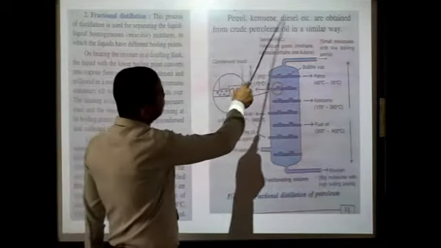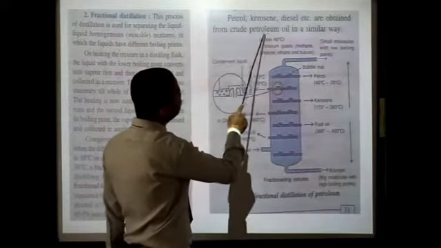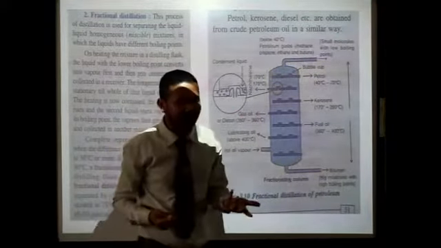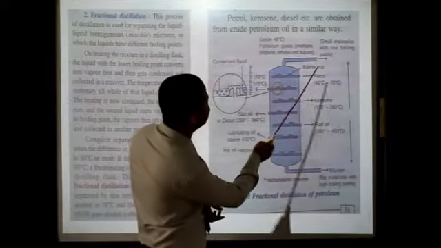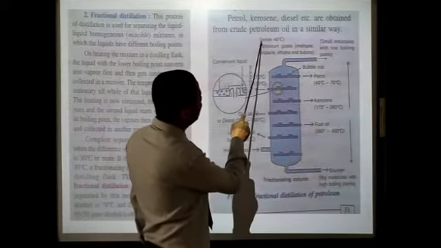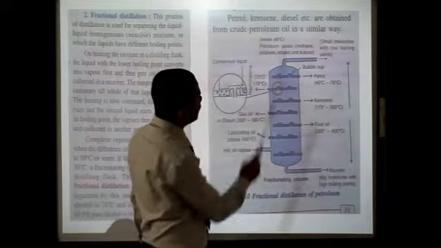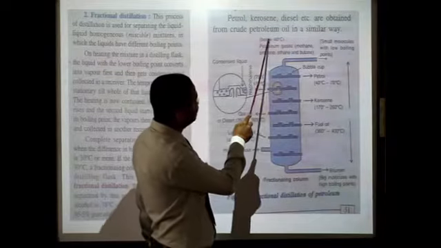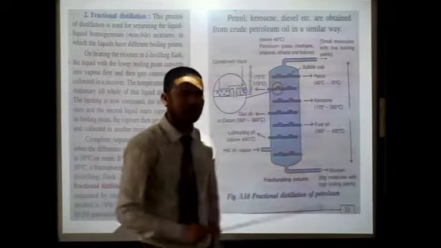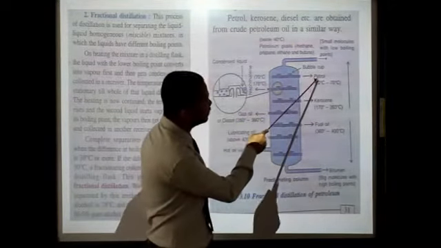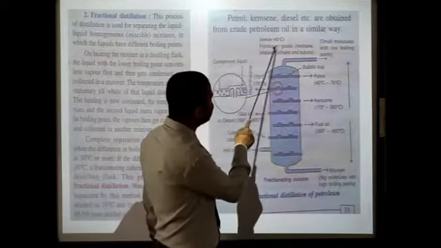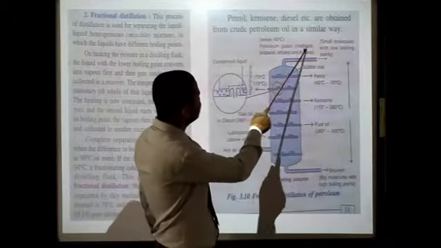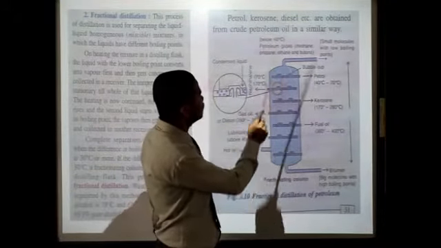So petrol, kerosene, diesel, etc. are obtained from crude petroleum oil in a similar way. Now, if there is anything lighter than petrol, then that comes out first. See here, petroleum gases, that means LPG, have a lower boiling point, below 40 degrees. I'm sorry, I said first of all it is petrol. No, first of all it is gases, natural gases: methane, propane, ethane, butane.